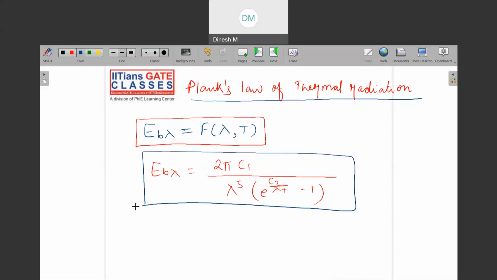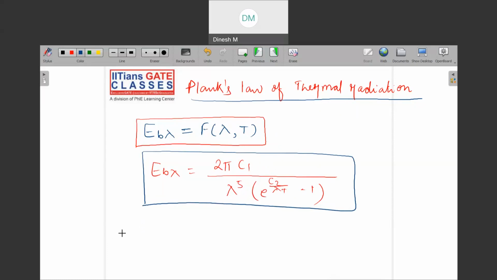Once you know Planck's law of thermal radiation, if you integrate it between the given limits, you can find the emissive power.